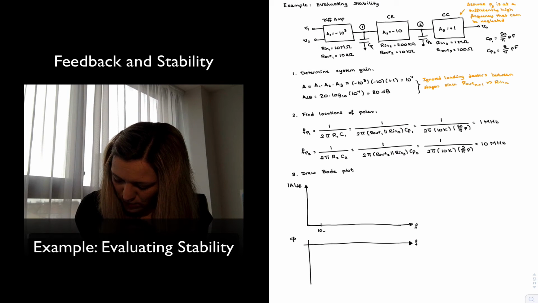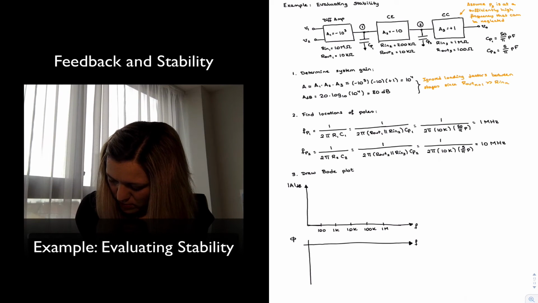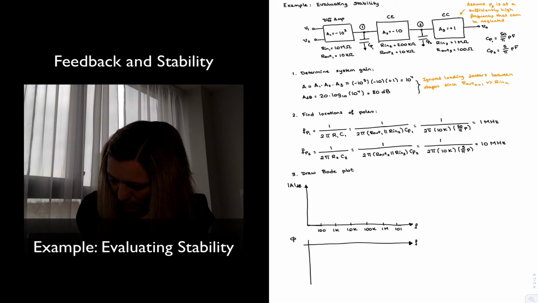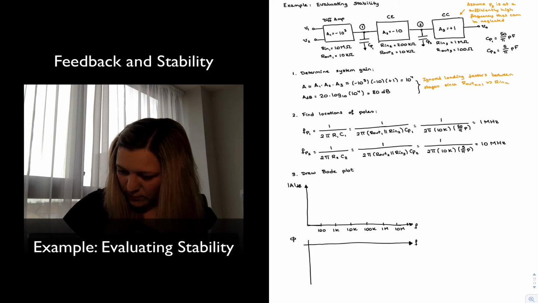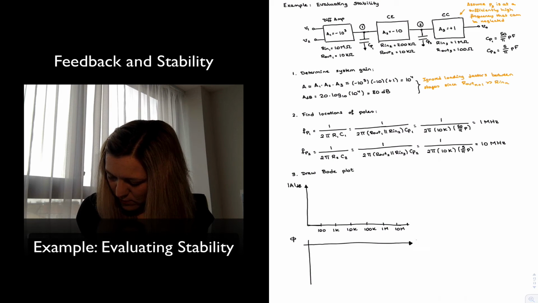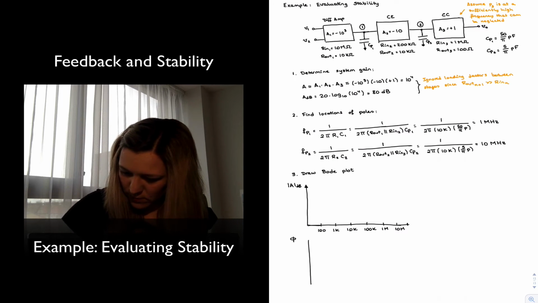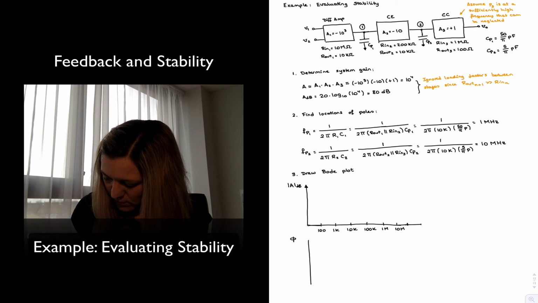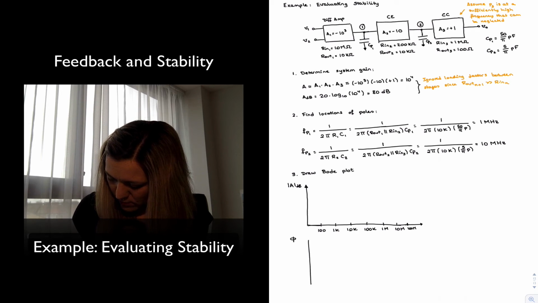So I'm going to put 100 here, 1K, 10K, 100K, 1 meg, 10 meg, 100 meg. And similar tick points for the phase.